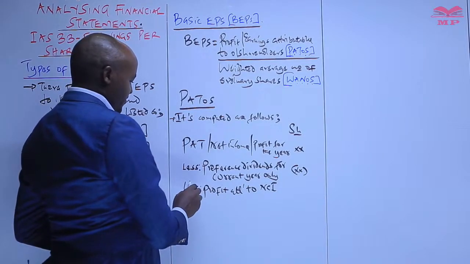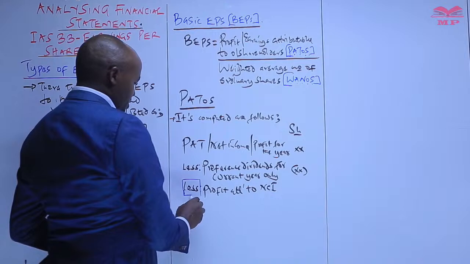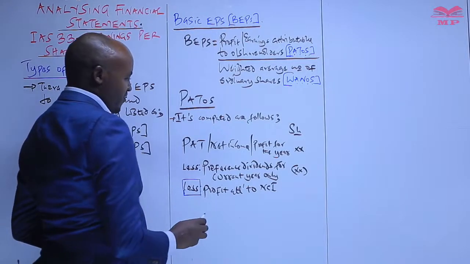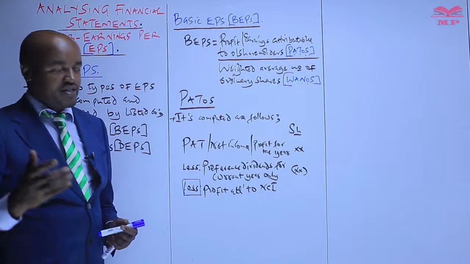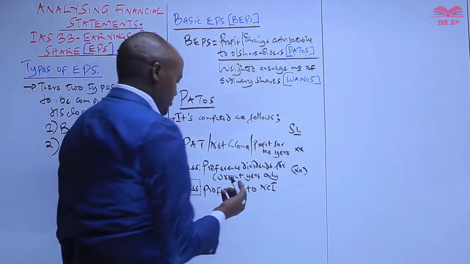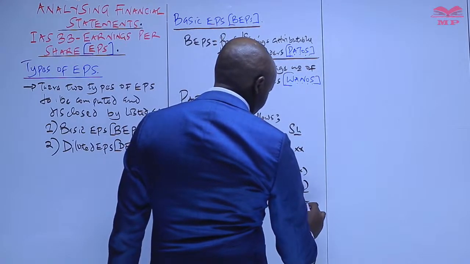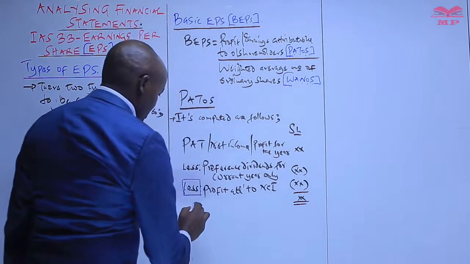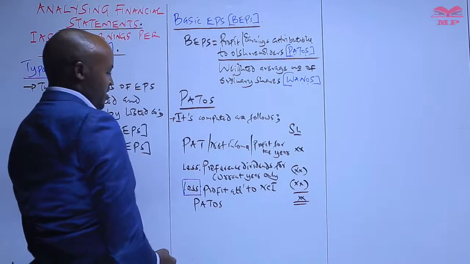But remember, this will only apply where we are computing the earnings per share for a group of companies. If you're computing the earnings per share for a single company, definitely you will not have that profit attributable to non-controlling interest. And then what we have down here is the profit attributable to ordinary shareholders.